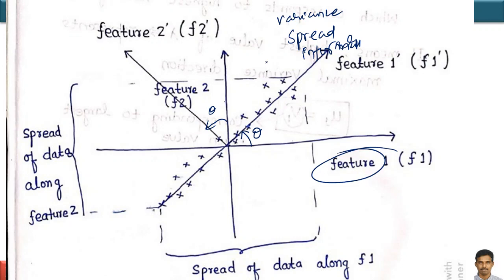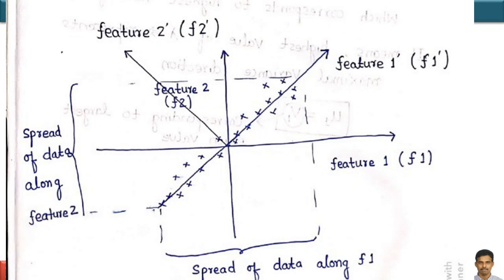Now imagine what happens if I have 10-dimensional data. This is a valid question. Imagine my xi belongs to R10. That is 10-dimensional data, which means d equal to 10. In that case, how many eigenvalues will you get?